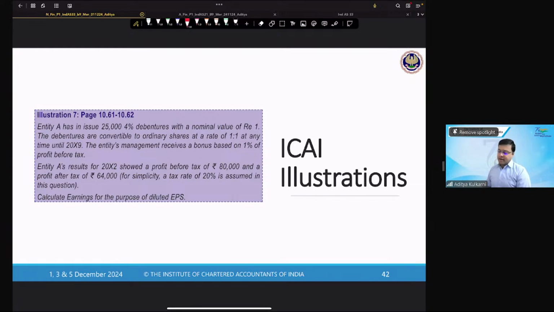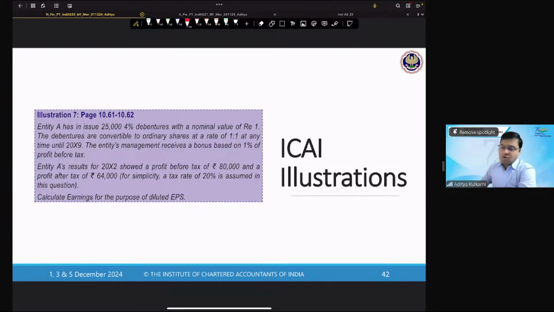The entity's management receives a bonus based on 1% of profit before tax. Entity A's results for 20x2 showed a profit before tax of 80,000 and a profit after tax of 64,000. For simplicity, a tax rate of 20% is assumed. Calculate earnings for the purposes of diluted EPS.